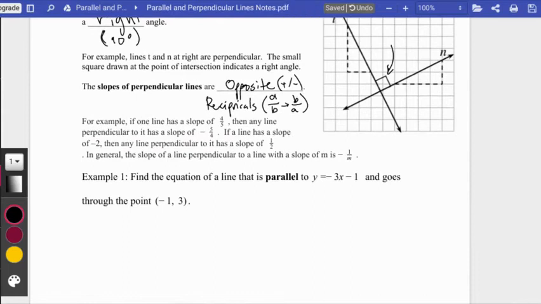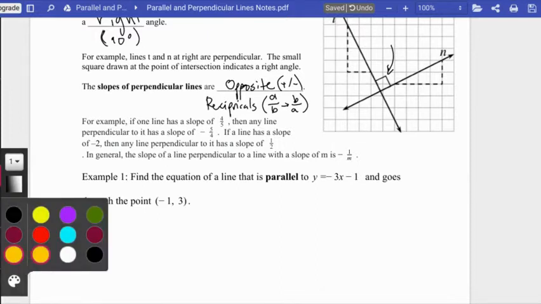So we have an example here of 4/5. To get the opposite of 4/5, we take the opposite, making it negative, and we do the refliprocal, which means instead of 4/5, we have 5/4. Opposite reciprocals. This is the same if we have a line with a slope of -2.